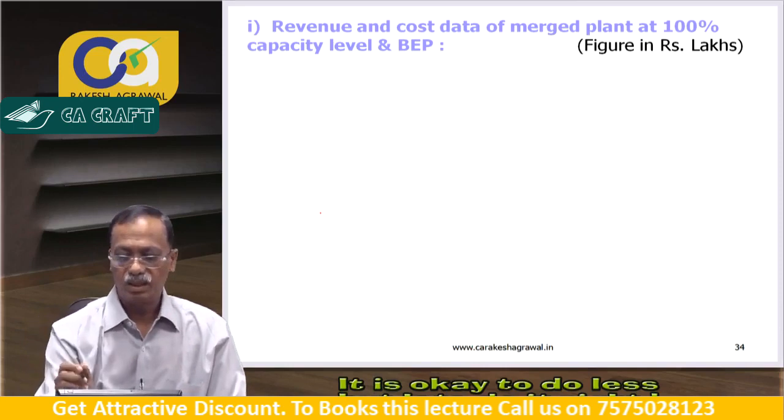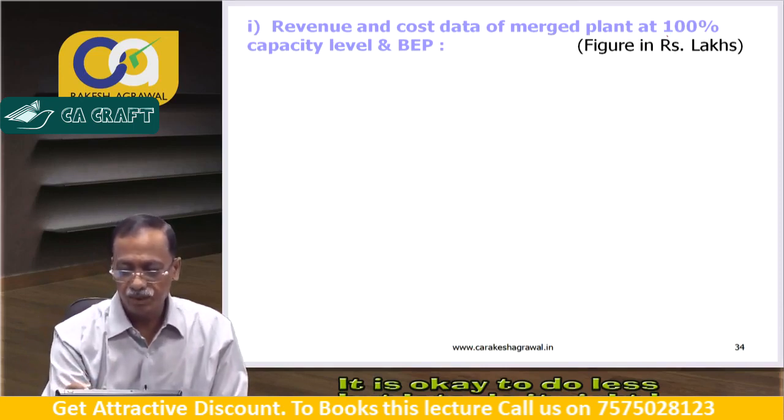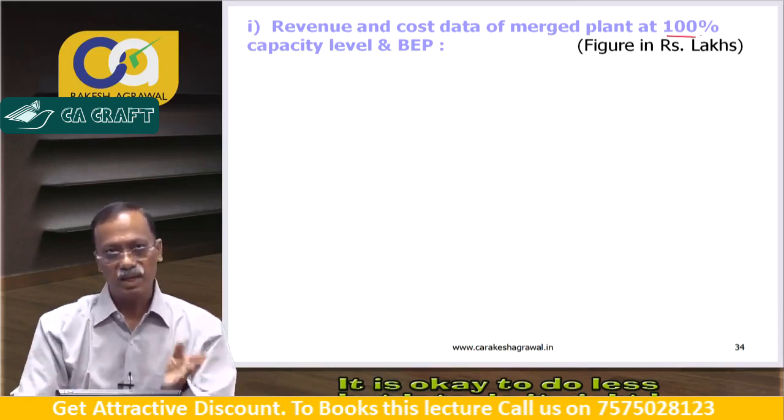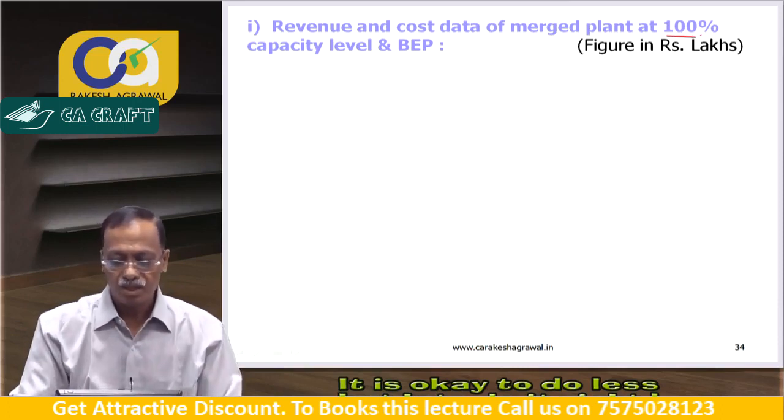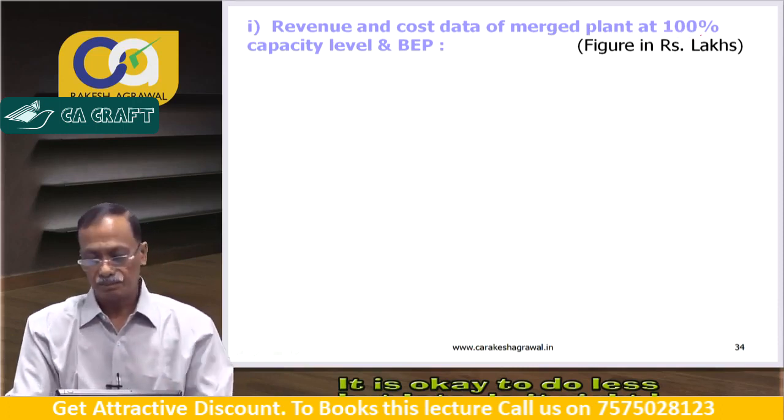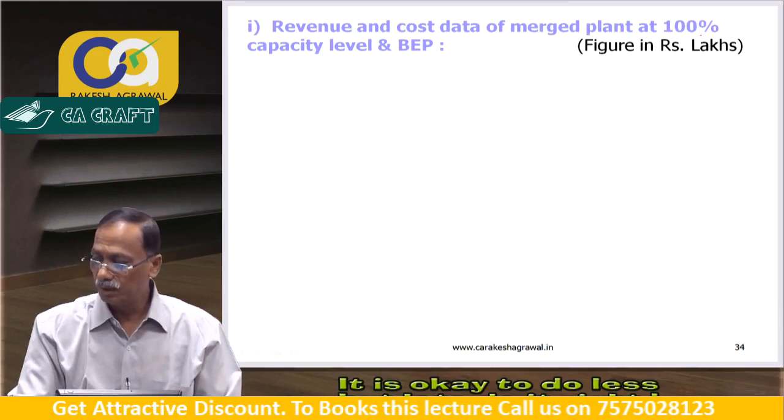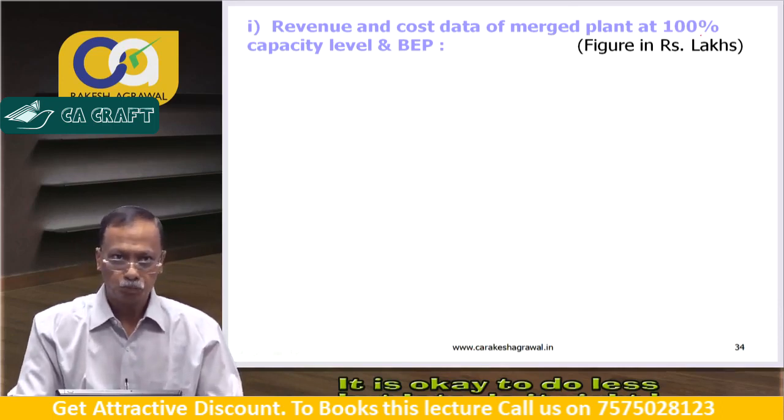We are doing it at 100% capacity level and will also calculate BEP. Figures in rupees lakhs. Right hand side write down figures in rupees lakhs because data given to you in the question is in rupees lakhs.